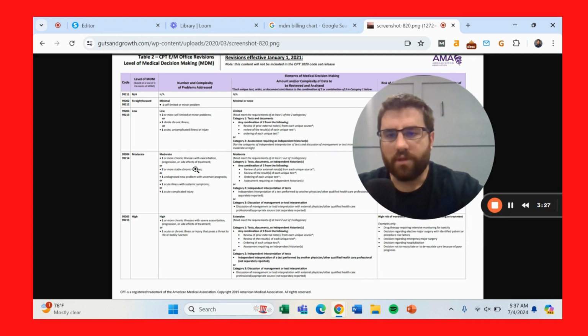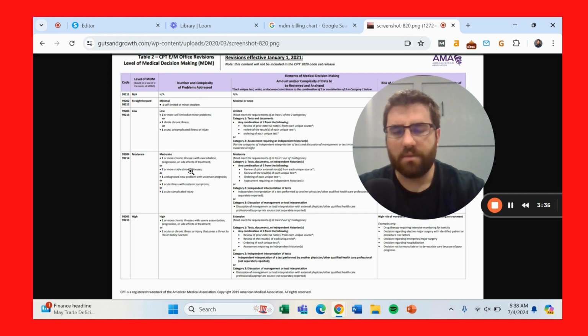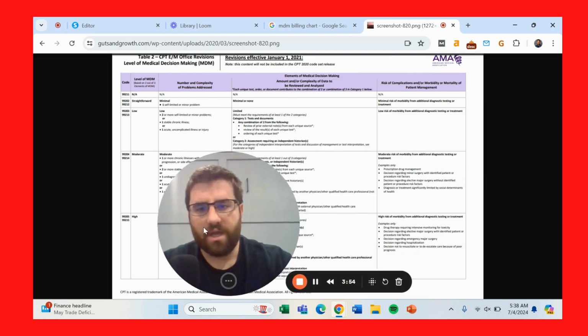For level 4, if you want to bill based on 2 of the 3 categories, I usually say the easiest one to do is the number and complexity of problems, because if you have 2 or more stable chronic illnesses, when it comes to your documentation of the patient visit, you meet this category easily. Or you have 1 acute illness with systemic symptoms, or 1 undiagnosed new problem with uncertain prognosis, but 2 or more stable chronic illnesses is really easy to meet.